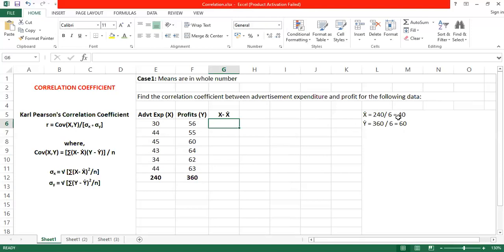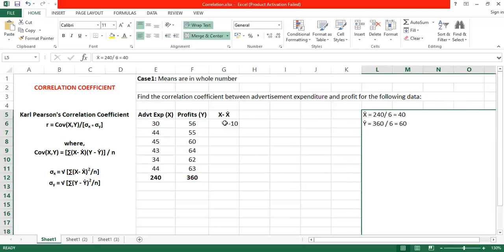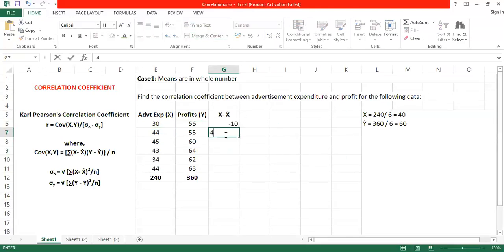So 30 minus 40 is minus 10. Next x is 44 and x bar is 40, so 44 minus 40 is 4. Similarly, 45 minus 40 is 5, 43 minus 40 is 3, 34 minus 40 is minus 6, 44 minus 40 is 4, right?